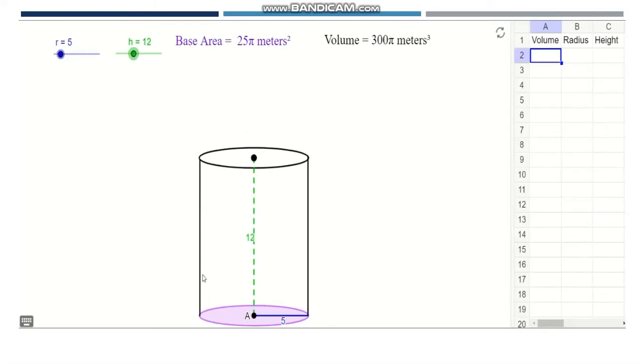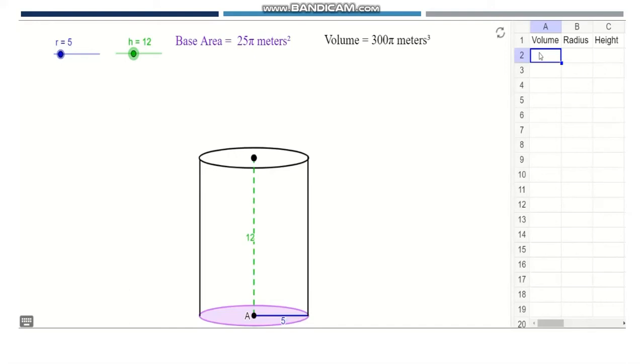When we change the buttons, we see that our base area is 25π square meters and our volume becomes 300π cubic meters.